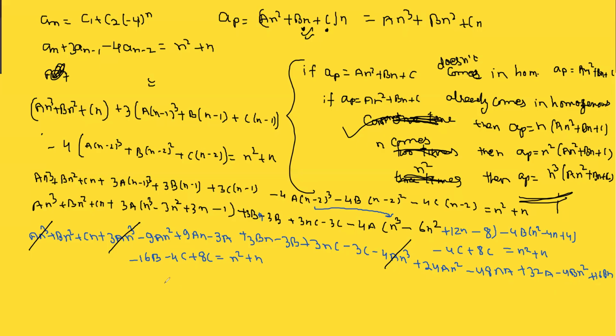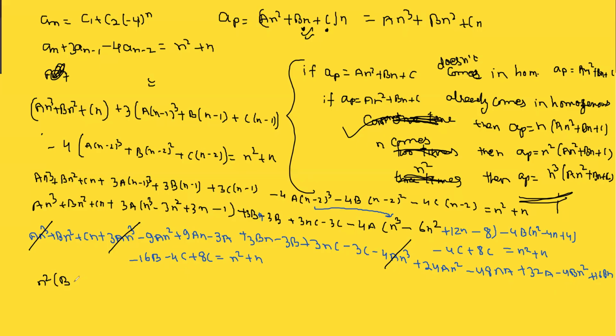Now you can separate, take n square common. Understood? Yes. So take n square common.